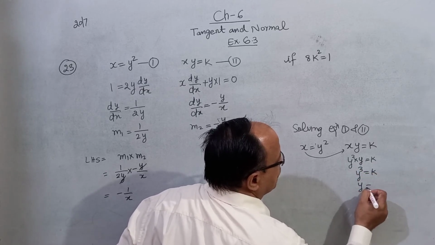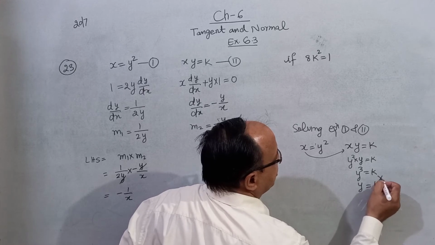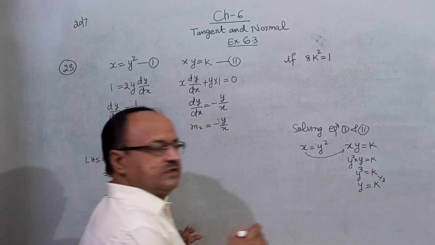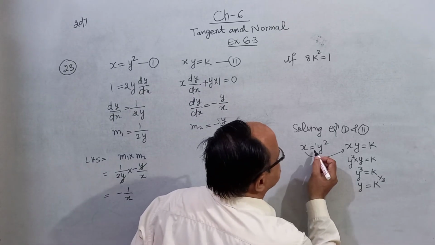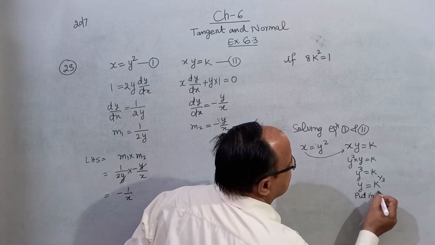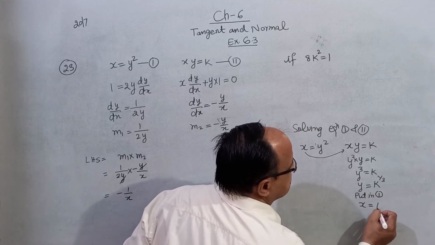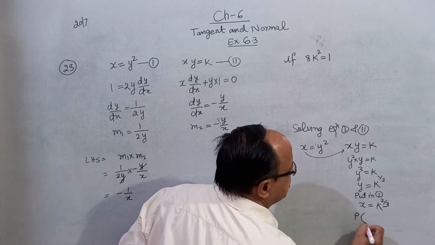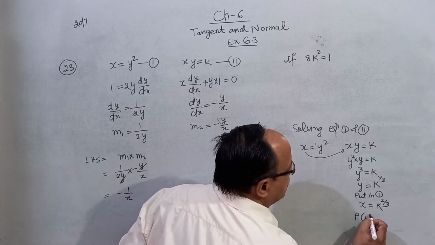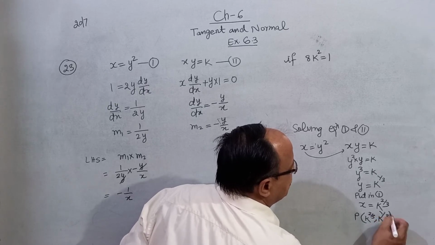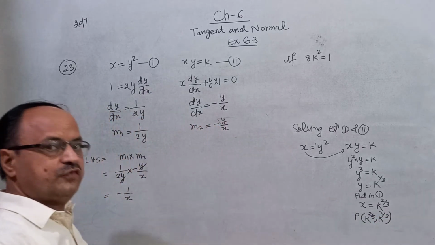Taking cube root on both sides, now put the value of y in the first, you will get k to the power 2 by 3. Therefore, the point of intersection is k to the power 2 by 3 and k to the power 1 by 3.